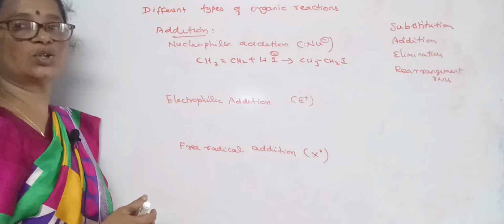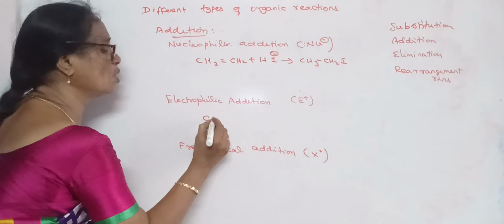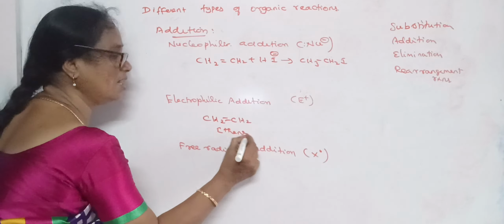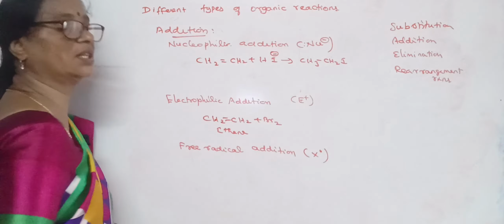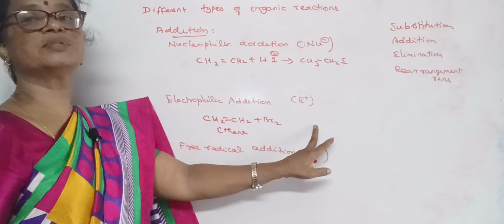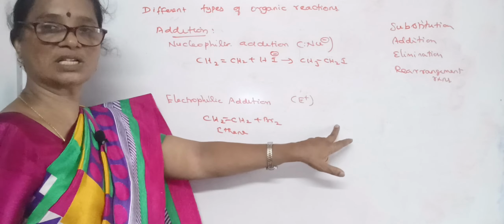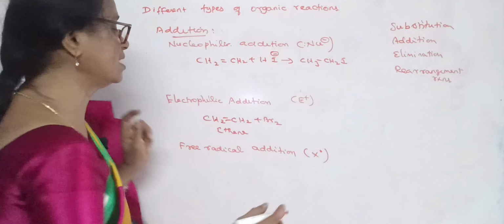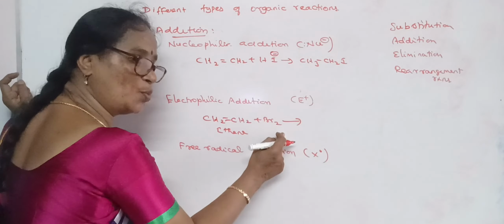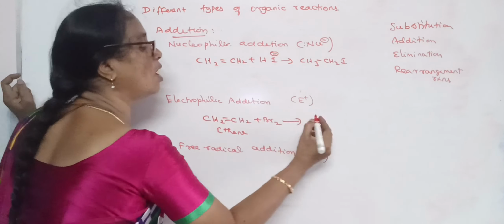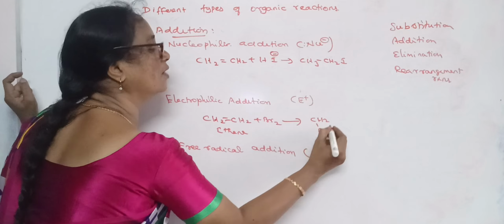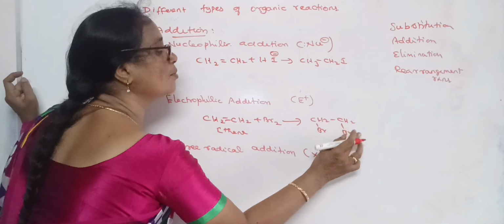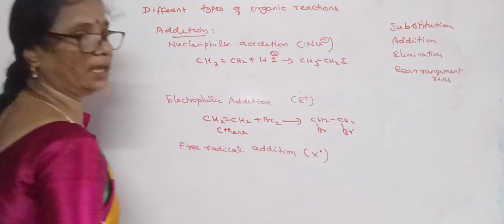Then let us see electrophilic addition reaction. Here also I am going to take doubly bonded ethene, and when the ethene molecule is added with bromine, first it forms an electrophile, that is a positively charged group, followed by the addition of the other group. The mechanisms are not required. The two bromine atoms share with the two carbons, so we can have CH2Br, CH2Br. So this is 1,2-dibromoethane.